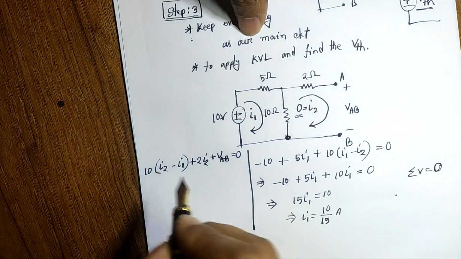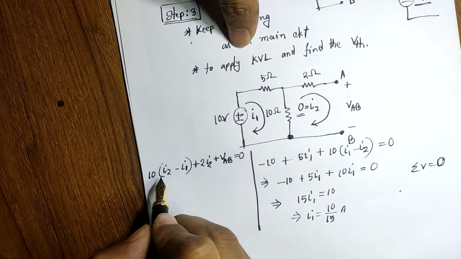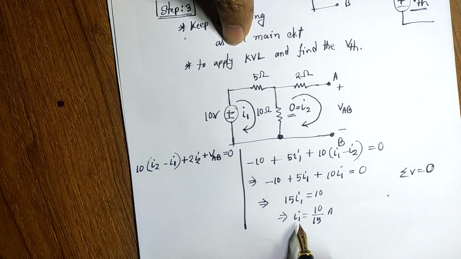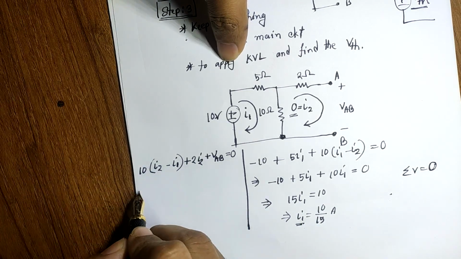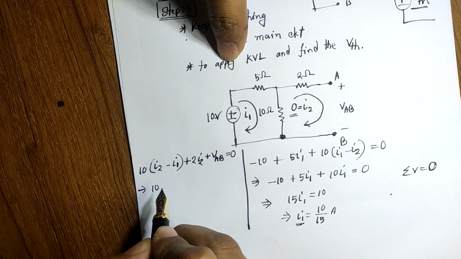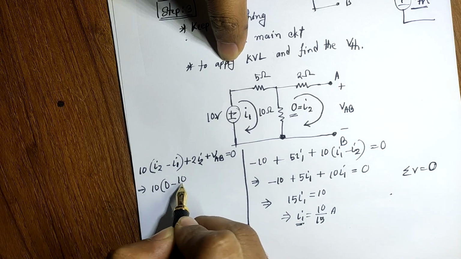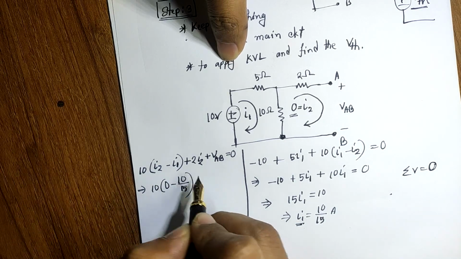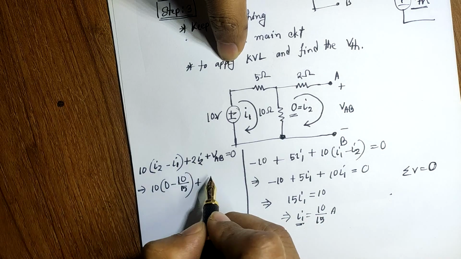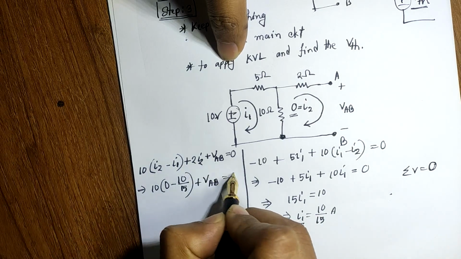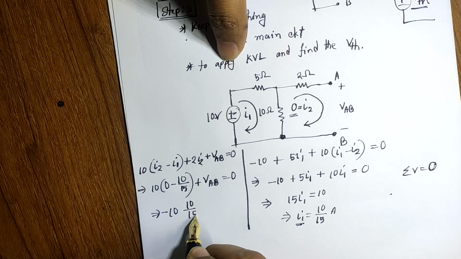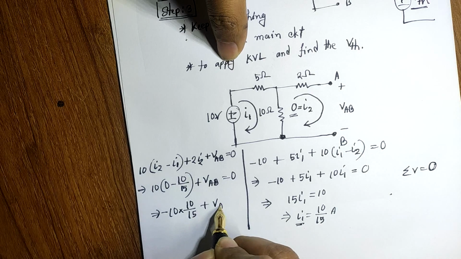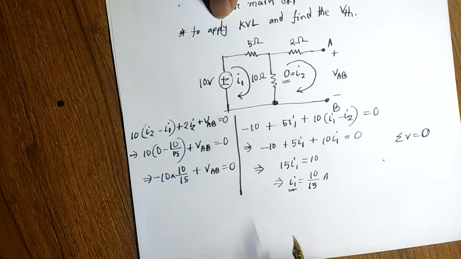Now if you put the value of I2 and I1, because I have already found the value of I1, it will be very easy. So it will give you 0 minus 10 by 15. Remember the value of I2 is 0, so 2 times 0 is 0, plus VAB remains. So there will be minus 10 by 15 here, plus VAB equals 0.